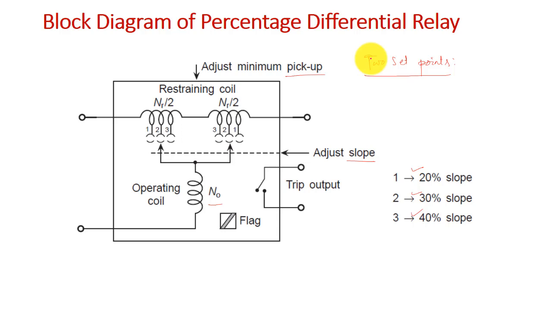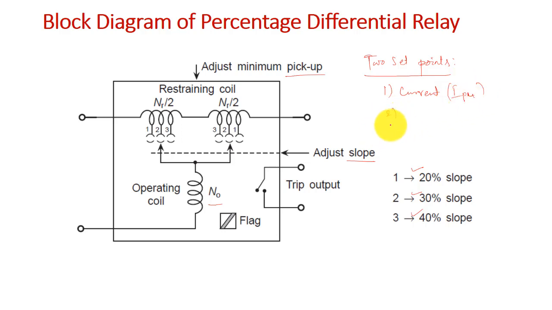But in case of a directional overcurrent relay, we have three set points. One is your MTA, that is your maximum torque angle, then your pickup current, and third is your delay time. Similarly, here in case of the differential relay, we have two set points. This is for your instantaneous percentage differential relay. One is your current set point, that is I pickup, okay.